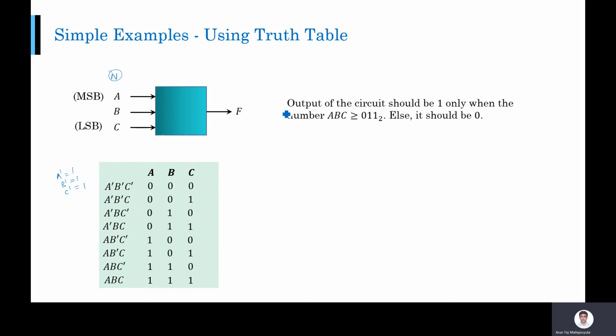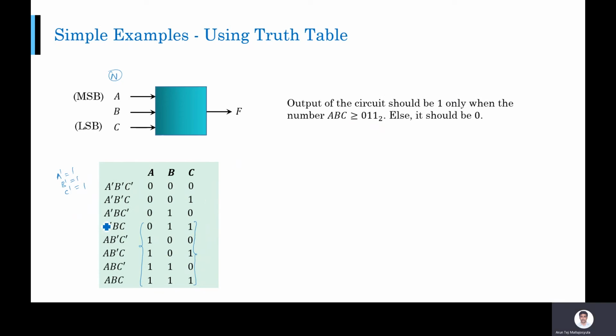Okay. So now what is the requirement for us? The function should be 1 for ABC greater than or equal to 0, 1, 1. Okay. So that means if any of these 5 combinations occur, your function should be 1, otherwise it has to be 0.